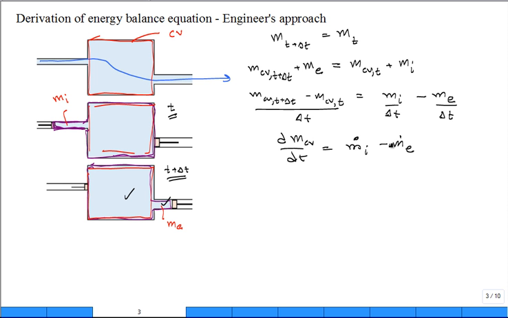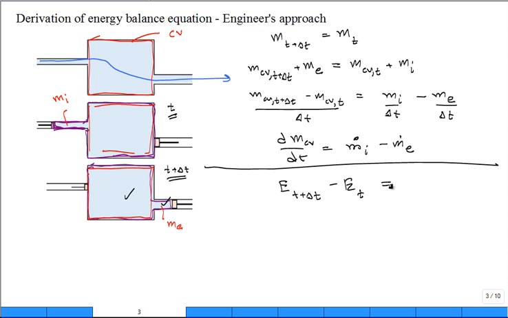Now you just extend it a little bit for energy. Same principle. Okay, I know I'm going to run out of room, but let's try it. So instead of talking about the mass at time t plus delta t, we talk about the energy that's in this fixed chunk of mass at time t plus delta t. The energy that is at the same chunk of mass at the earlier time.